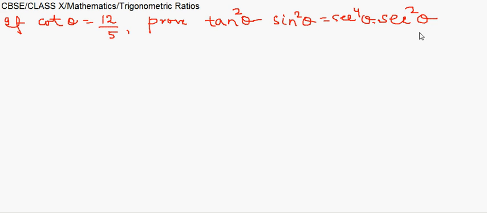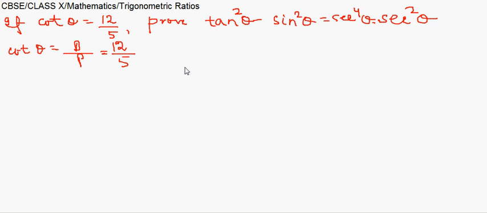Now it is given that cot theta is 12/5. Cot theta is the opposite of tan, so that is base by perpendicular. I'm writing only b by p, so base is 12 and perpendicular is 5.